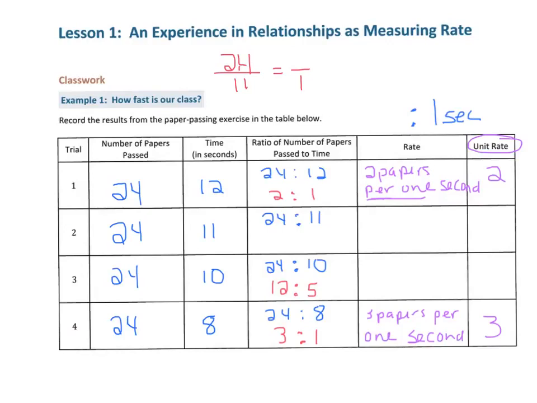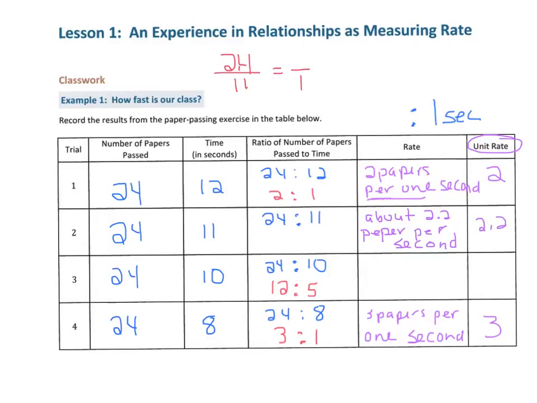So we have to divide. 11 goes into 24 approximately, so about 2.2 papers per second. So you can see that we're getting faster by about 0.2 papers per second. So our unit rate is 2.2.